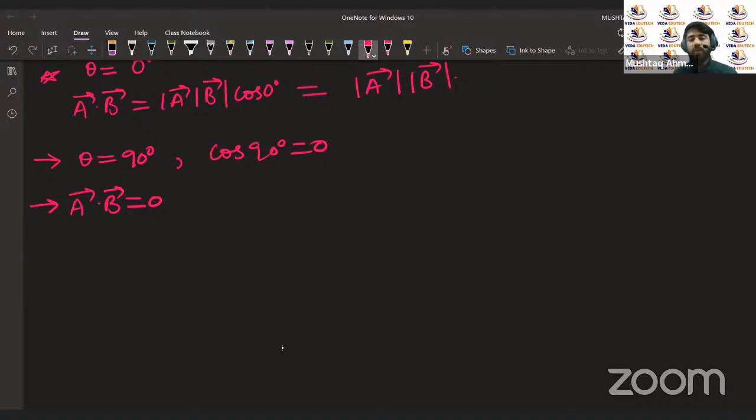Whenever we have two vectors, this is vector A and this is vector B, and they are inclined at an angle of 90 degree, their dot product is always going to be 0.